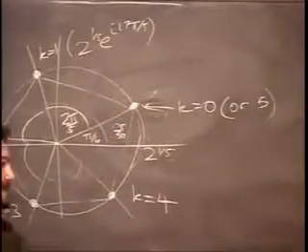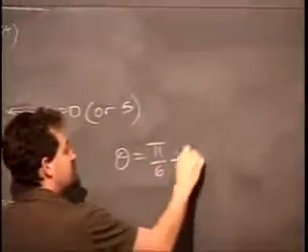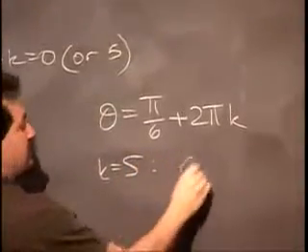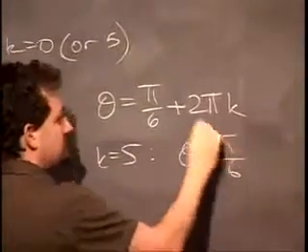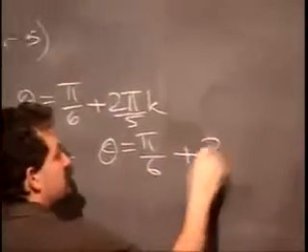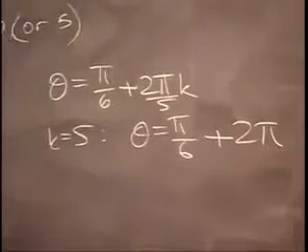If you do plug in k equals 5, remember we had the formula theta is pi over 6 plus 2 pi k over 5. So k equals 5, theta is pi over 6 plus 2 pi. So it's the same as pi over 6, it's just an extra 2 pi around.